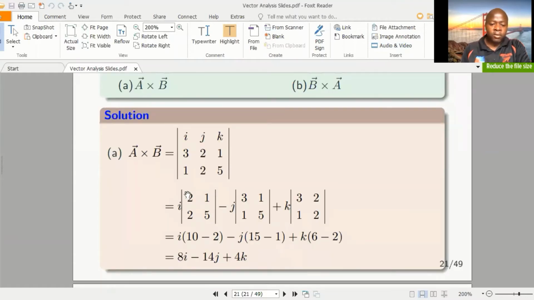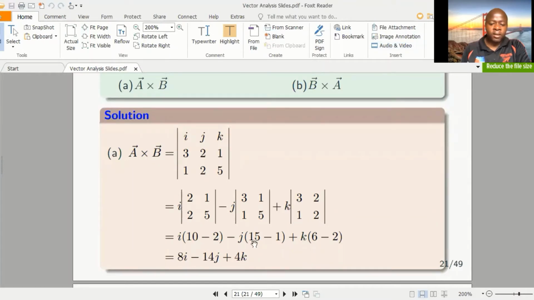The determinant of this matrix would be 10 minus 2, which is 8I. The determinant of this matrix would be 15 minus 1, which is 14, times negative J, so it's negative 14J. Then the determinant of this will be 6 minus 2, which is 4.